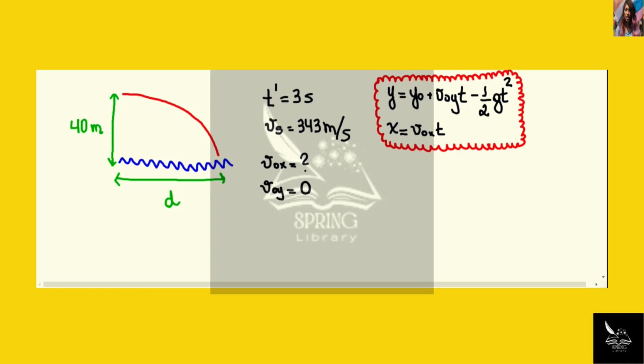This means we want to calculate the initial speed in the x direction, because the initial speed in the y direction is 0. Also, I'm going to set up a coordinate system such that the origin is at the water and just at the end of the cliff, the y coordinate is pointing upwards, and the x coordinate is pointing to the right.